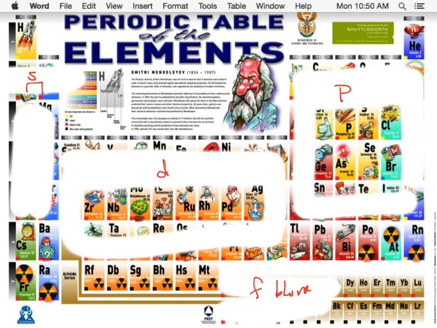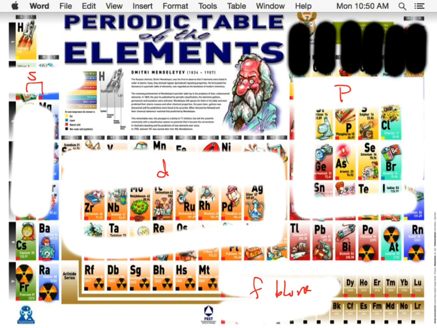Okay. What does each column represent? Levels. Okay. So our columns, each of these columns represent what? Adding one electron. So one electron, one electron, one electron.